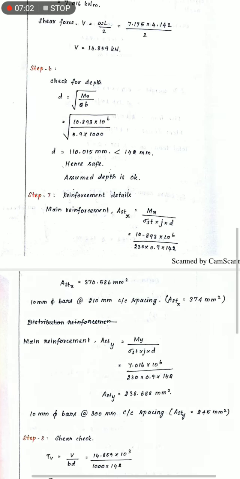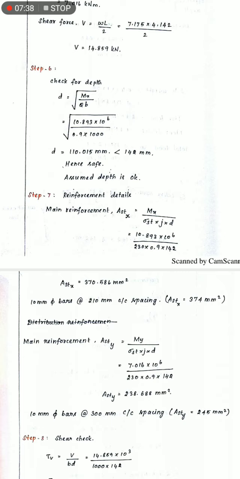According to SP16, practically in a slab you can prefer main reinforcement diameter as 10 mm, then distributor diameter as 8 mm. In a two-way slab, as I said earlier, both reinforcements act as main reinforcement, but you need not provide 10 mm dia for both.